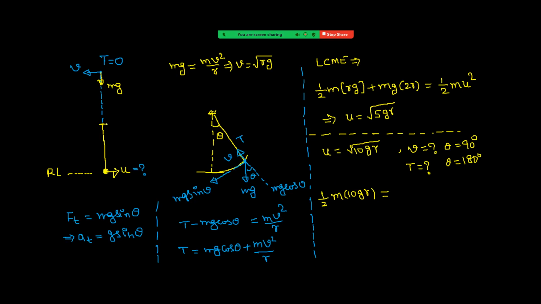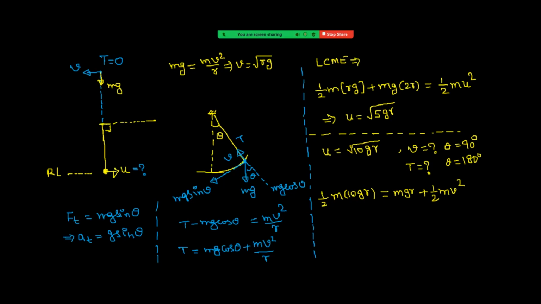angle 90 means the string becomes horizontal, right? That means height is equal to r. So gravitational potential energy is mgr. Remaining is kinetic energy, half mv square. The 2 gets cancelled.